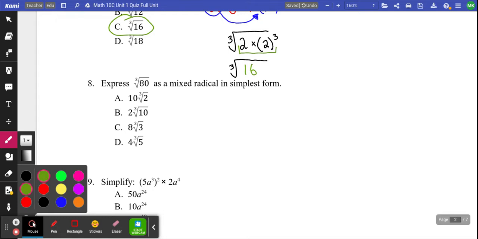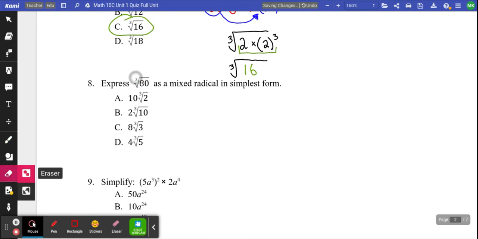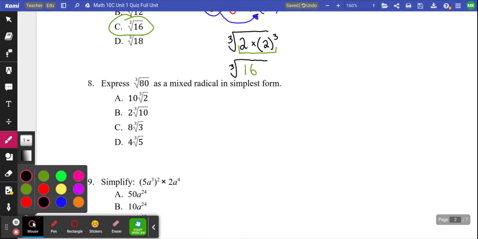Number 8. Expressed as a mixed radical. All right. Same thing as before. We're going to turn this into has a coefficient. Okay, so to get a coefficient, we need to find a perfect cube number that divides into this. Remember, I'm finding these numbers by looking at something called my cube chart. So these are numbers to the power of 3.